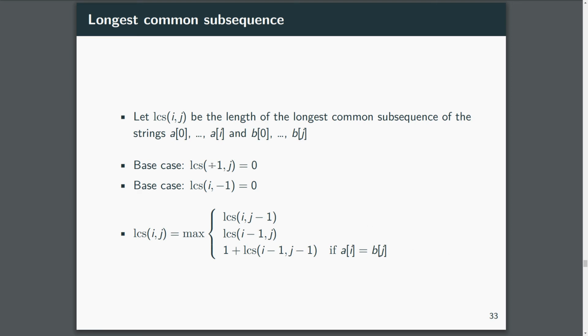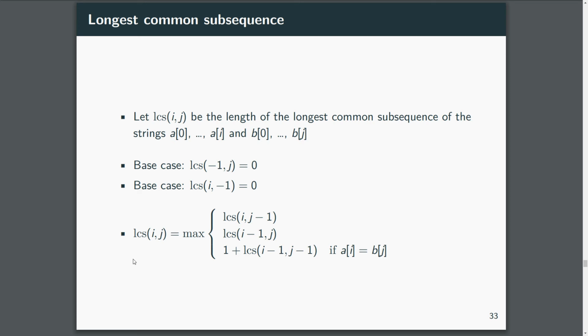So that's this -1 here. We've gone past index 0, so we're done with the string. That leaves you with an empty string and a possibly empty string, could be non-empty or empty. Either way, the longest common subsequence is going to be 0 in that case.